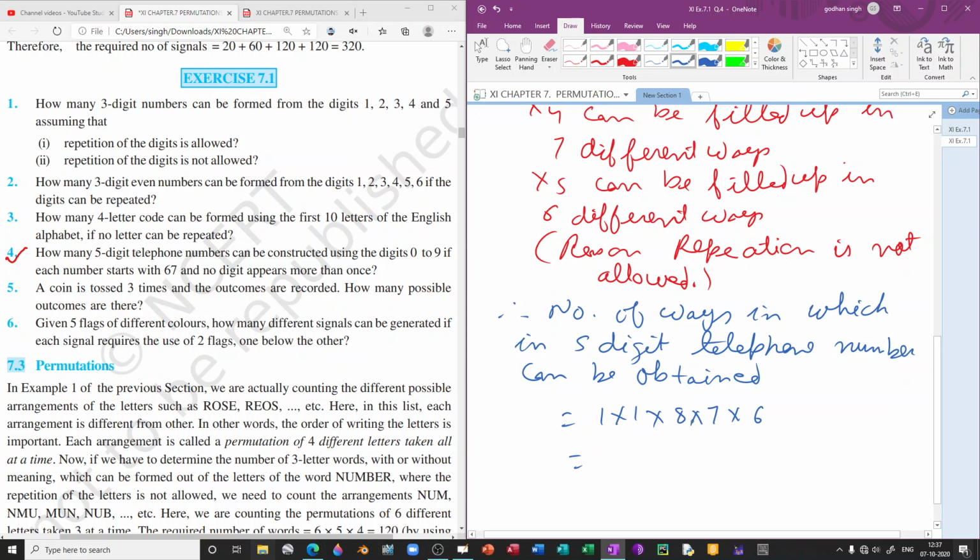So this is equal to 8 into 7 is 56, and 56 into 6, 6 into 6 is 36, 3 carried over, 6 into 5 is 30, and that is 336. So 336 ways we can get the 5-digit telephone number. So this is the answer of question number 4.